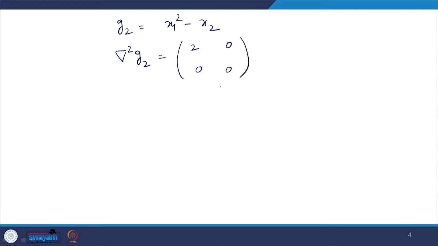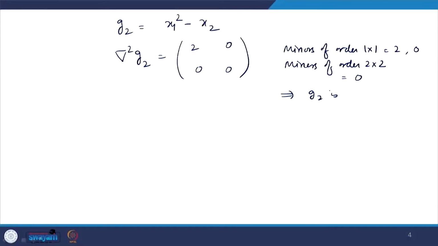Again, if you use the minor test, the minors of order 1 cross 1 are 2 and 0, and for order 2 cross 2 there is only one minor, which is the determinant of this matrix, which is 0. So, all the minors are greater than or equal to 0, which implies this Hessian matrix is positive semi-definite, and hence we can say that G2 is a convex function on R2.